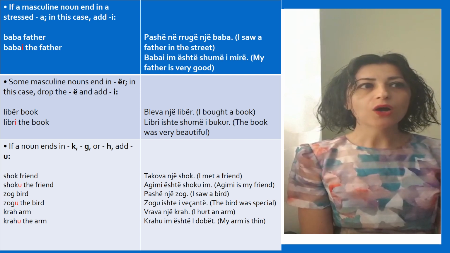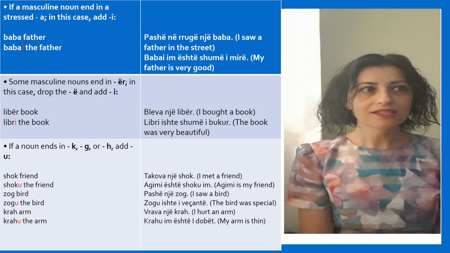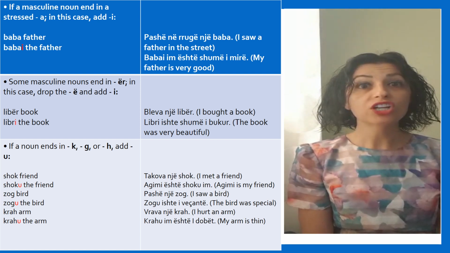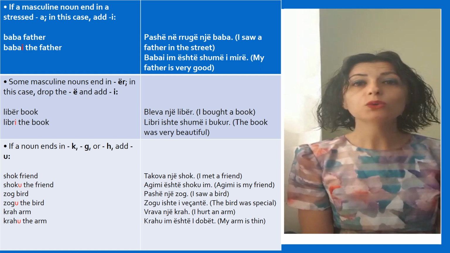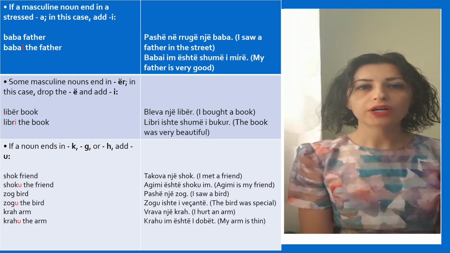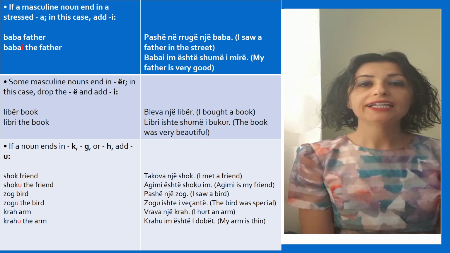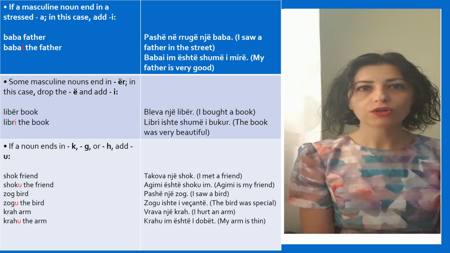Some masculine nouns, they end in "er". In this case, they will drop the "e" and they will add "i". For example, libër, a book. The definite form will be libri, the book.